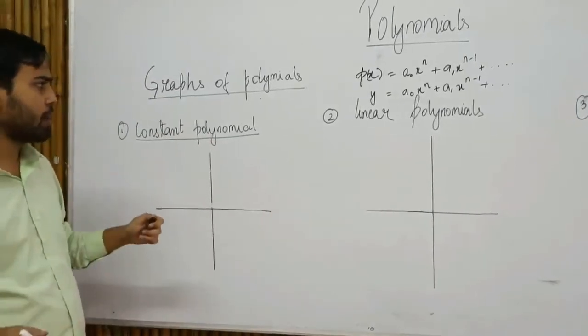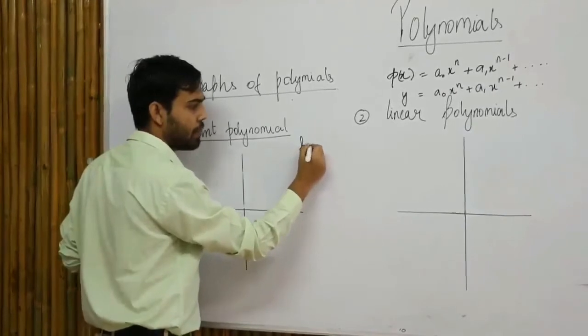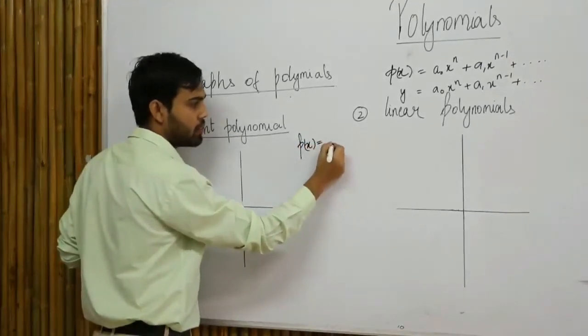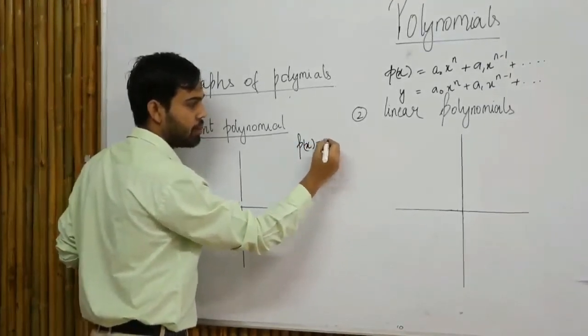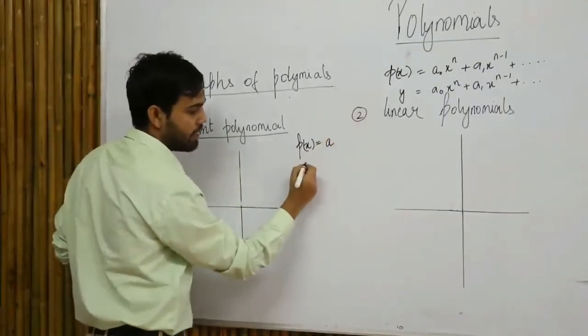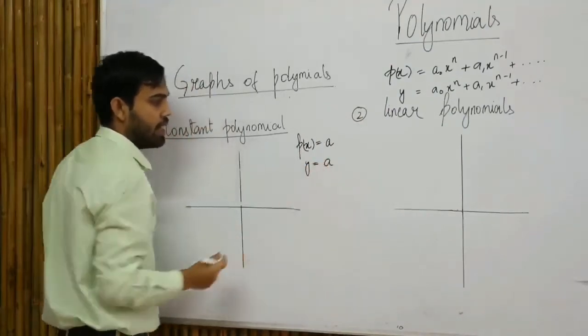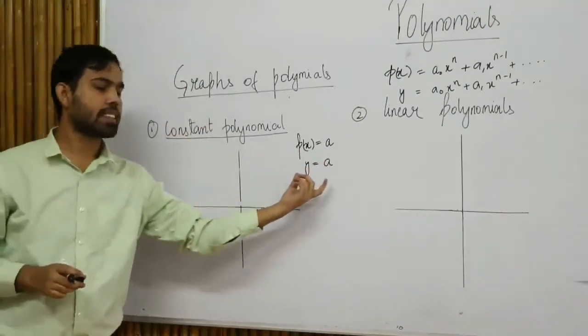So for a constant polynomial, how does it look? Suppose p(x) is equal to some constant term, which I am assuming to be a. What I have done there, I will do here. So I have y equal to a. How does this graph look?